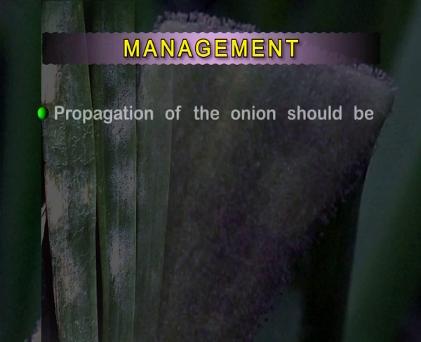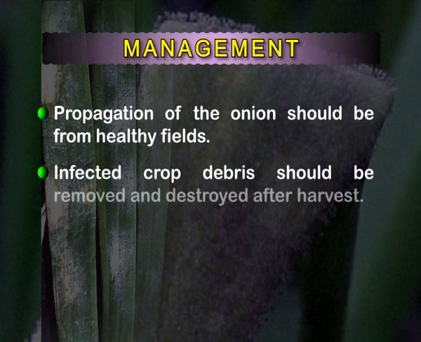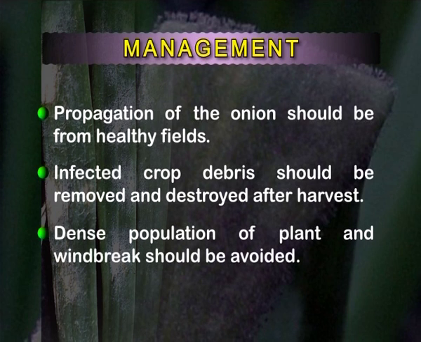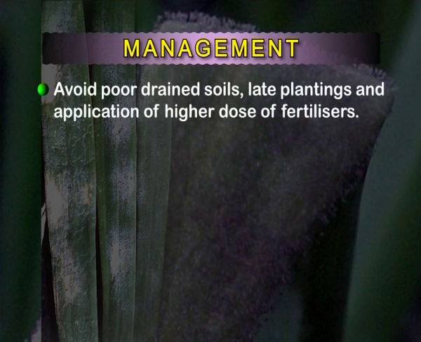First, the propagation of the onions should be from healthy fields. Infected crop debris should be removed and destroyed after harvest. Dense population of plants and windbreaks should be avoided. Avoid poorly drained soils, late plantings, and application of higher doses of fertilizers.